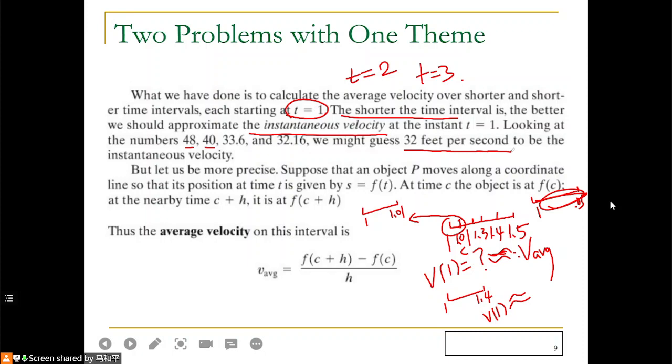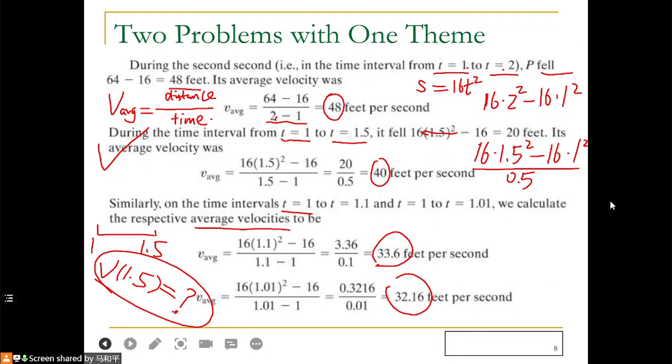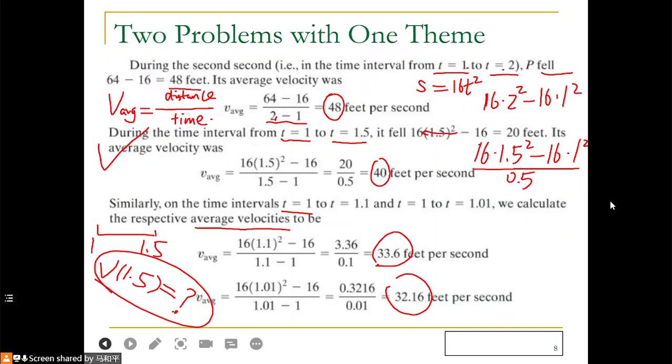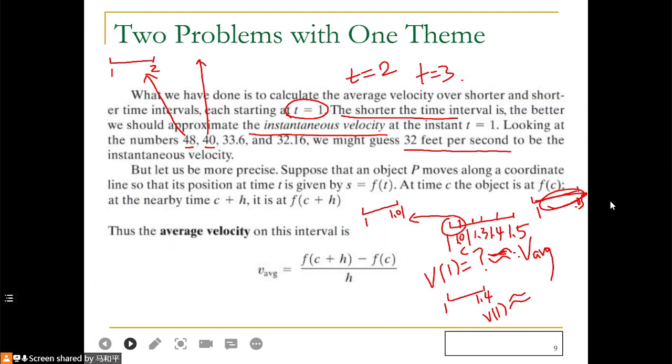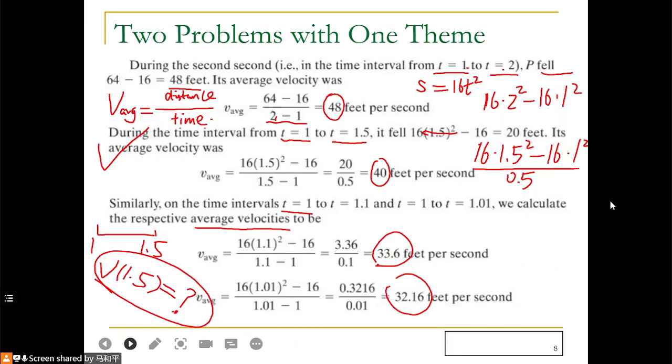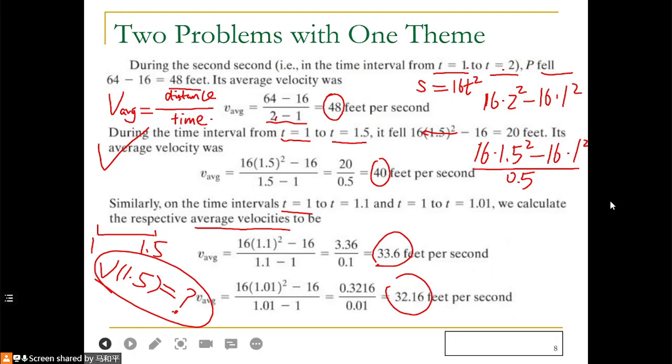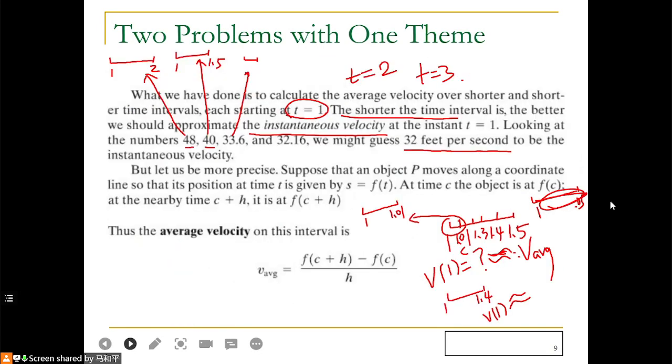That's 48 in the interval 1 to 2. And 40 is in the interval 1 to 1.5. This one is in the interval 1 to 1.1.